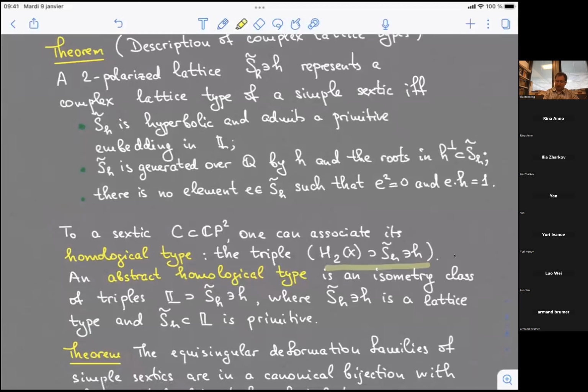So homological type, of course, knows the complex lattice type, but in fact it contains some extra information. It contains the information how this complex lattice type is embedded in the second homology of the K3 surface.